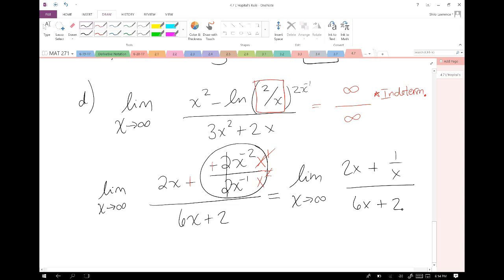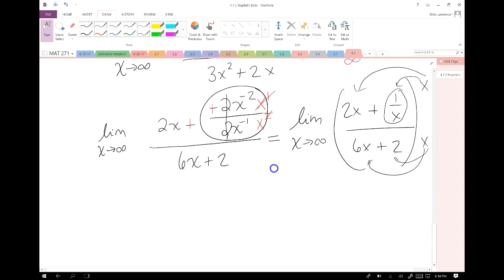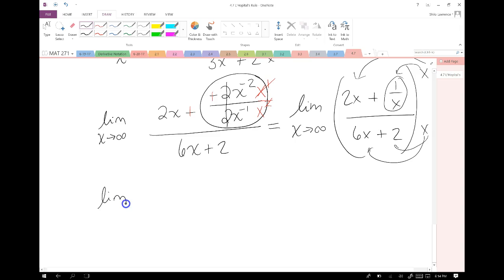It looks a lot nicer now, but to fix the complex fraction now, I'm going to multiply through by the piece that's messing me up. Its denominator is an x, so I'm going to multiply everything by an x. So I've got 2x squared plus 1 over 6x squared plus 2x.